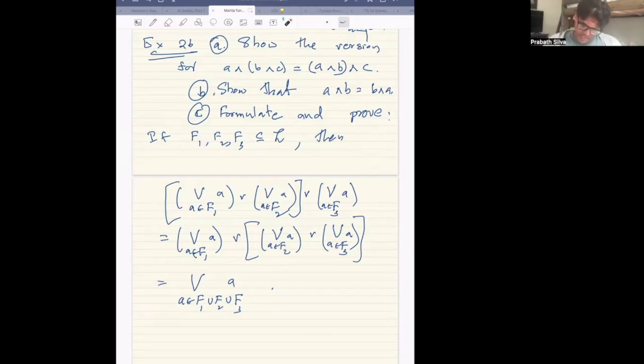But see if you can show that if everything in these two lines exists, then we automatically get that this guy exists and it's equal to this. And when I say formulate, think about that too.